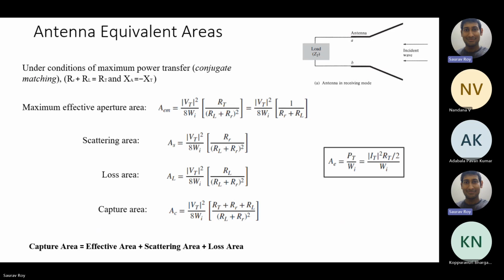In antennas we always work with power density, but the component we are actually interested in is the total power. So the power density as well as the antenna aperture area will give you the total power. That's why the concept of areas is important. Do you understand how we will use these areas?